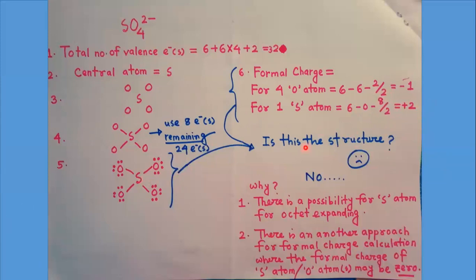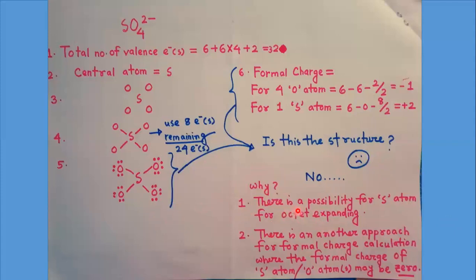So is this the structure of sulfate ion? Oh, this is unhappy. No, it is not the structure of sulfate, and we can explain it by these two points. One, there is a possibility for sulfur atom for octet expansion. We know sulfur has d orbitals, and elements which have d orbitals can expand their octet.